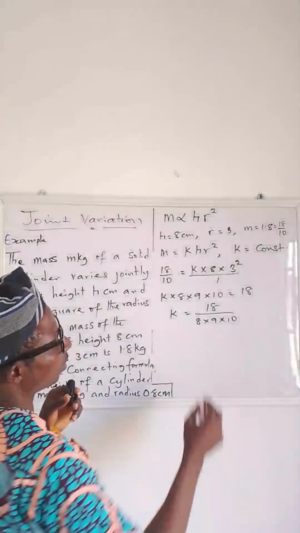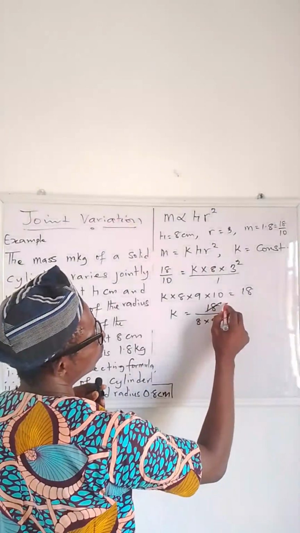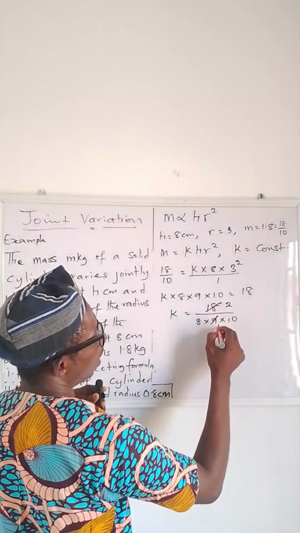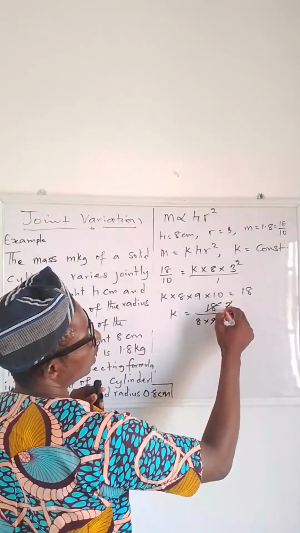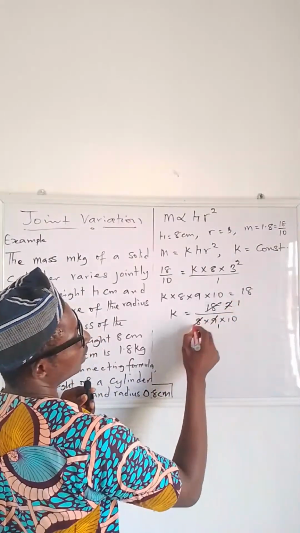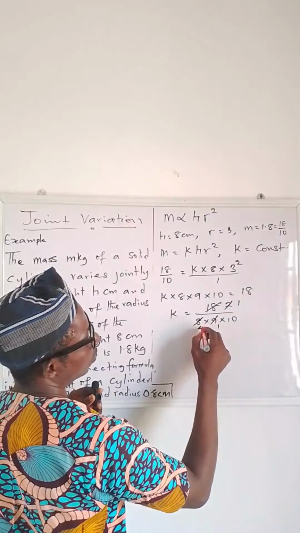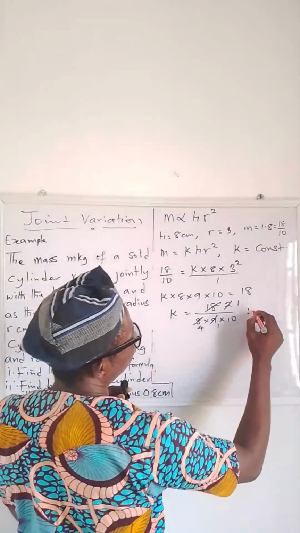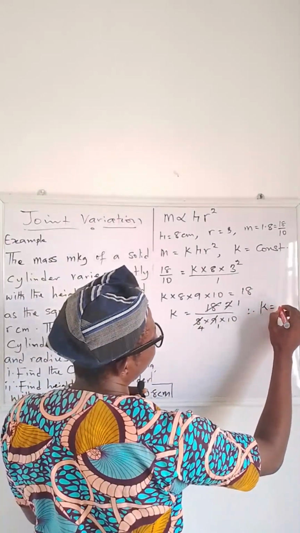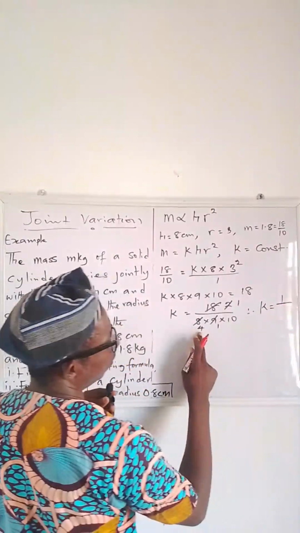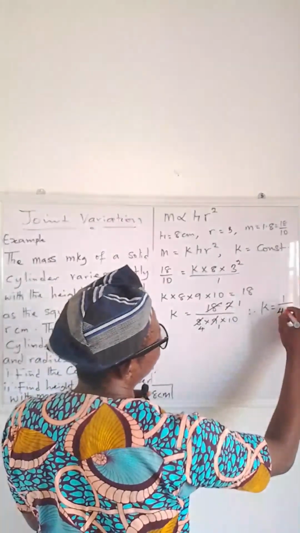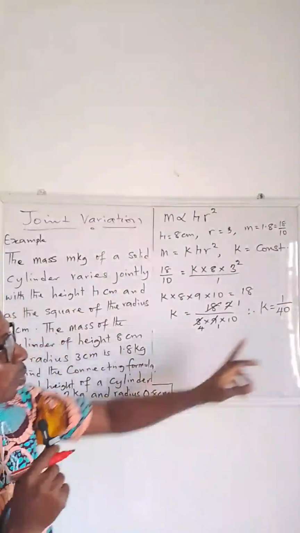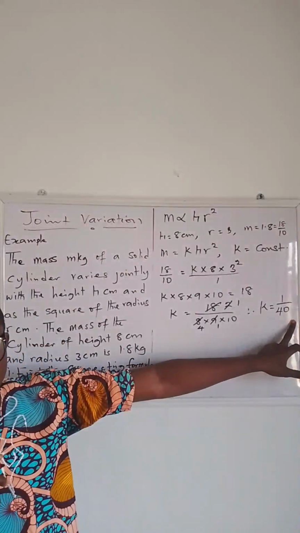Now 9 goes into 9 once, 9 goes into 18 twice, and 2 goes into 8 four times. So therefore k equals 1 over 4 times 10, that is 1 over 40. So this is the proportionality constant.